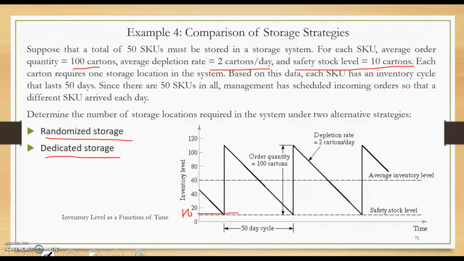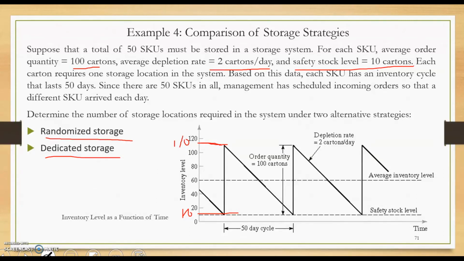And when new items come in, the stock will be replenished, so it becomes 110. So this is the minimum level of inventory, and this is the maximum level of inventory, 110. Each carton requires one storage location in the system.